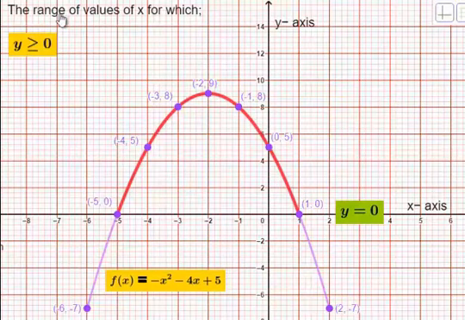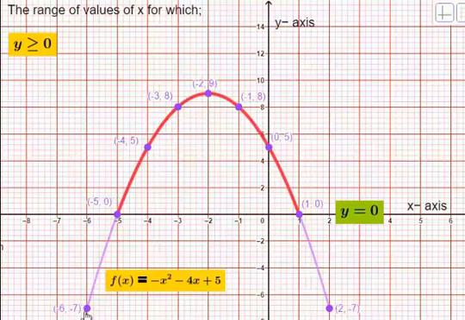When you are asked to find the range of values of x for which y is greater than or equal to 0 on your graph, then consider the points. Those with values greater than or equal to 0 must form part of our answer.